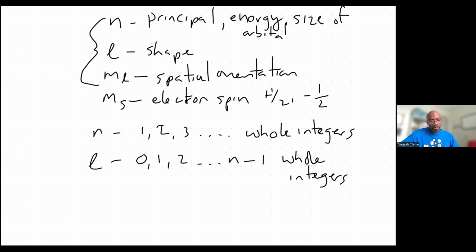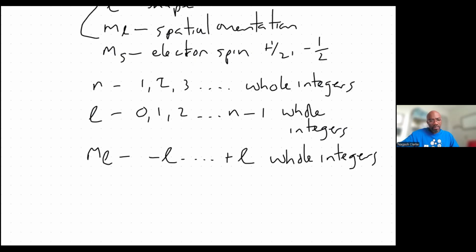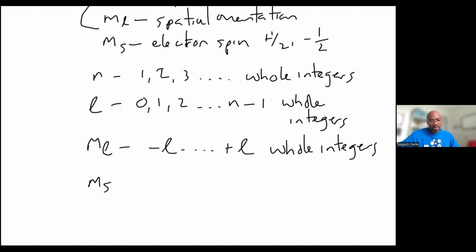M sub L are the whole integer values from negative L to positive L. And then M sub S, like I said earlier, electron spin plus a half, minus a half. Okay. So how do we break these down?